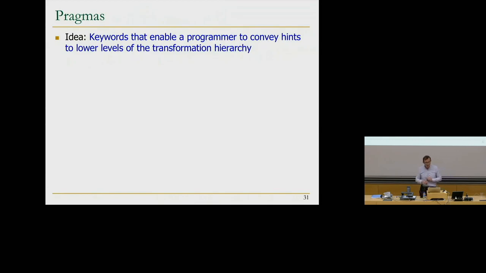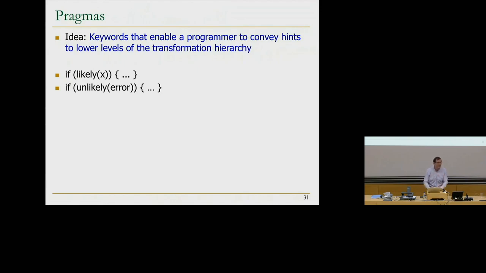So let me talk about pragmas. Pragmas are essentially keywords that enable a programmer to convey such sort of hints to lower levels of the transformation hierarchy, to the compiler, to the hardware. So this is the example. If I know that this branch is likely taken, maybe I should use this pragma likely in the C language and indicate to the compiler that this is going to be likely taken based on the programmer's opinion.